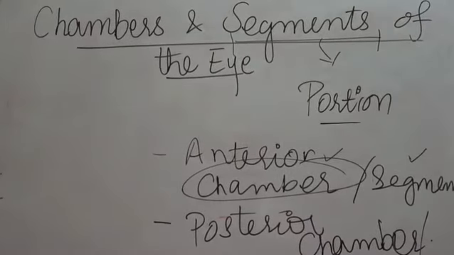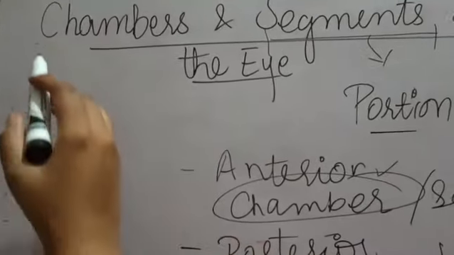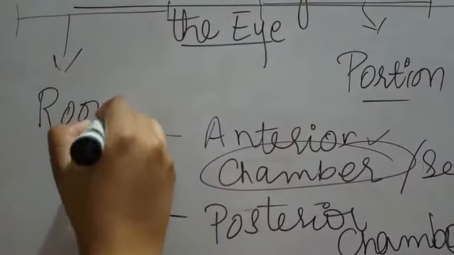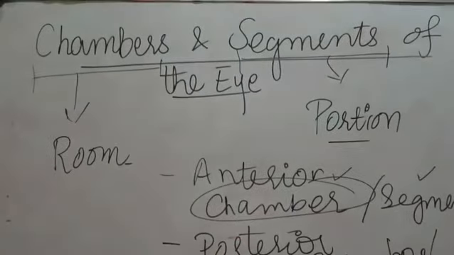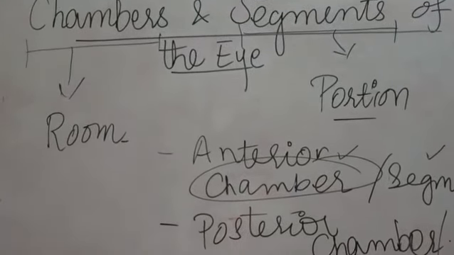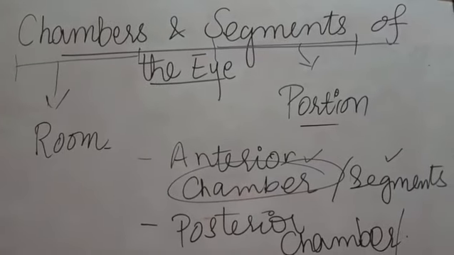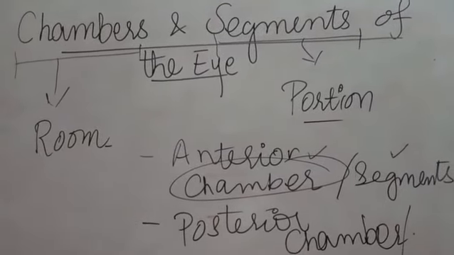But when I am talking about chambers, a chamber means a part or only a small room, right? Chamber is a smaller unit, while segment means a larger, huge portion, right?